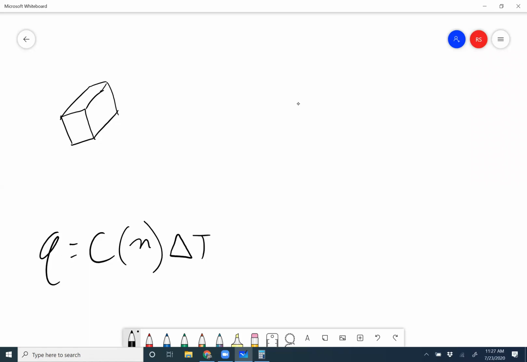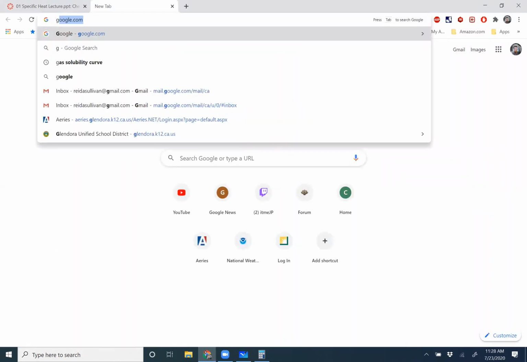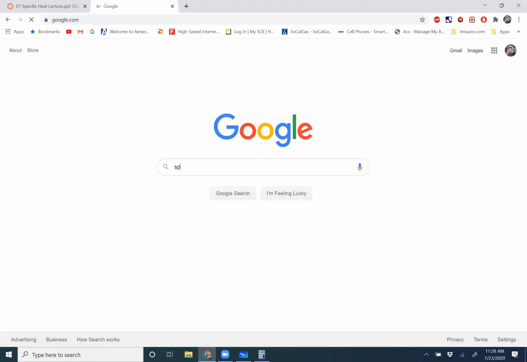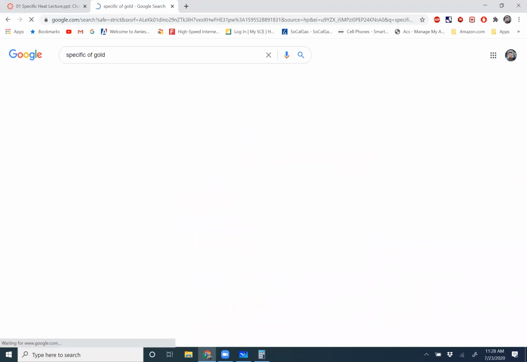And we look up the specific heat of gold, and the specific heat of gold is like 1.9, I think, joules per gram degree C, or 0.9. Let me look it up. And again, these are all physical properties.